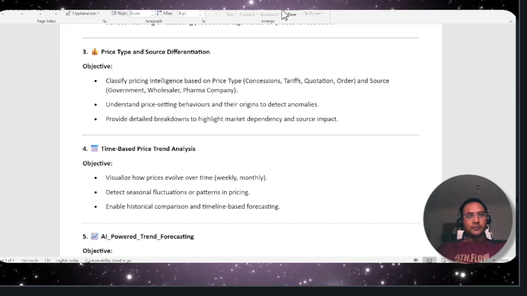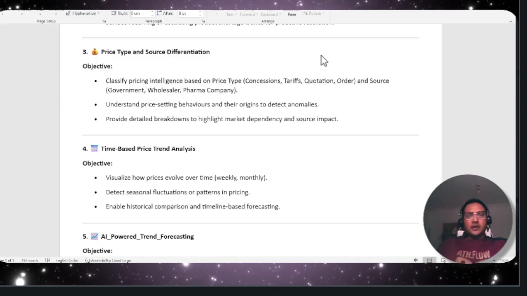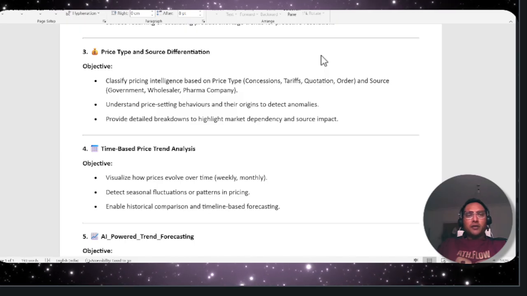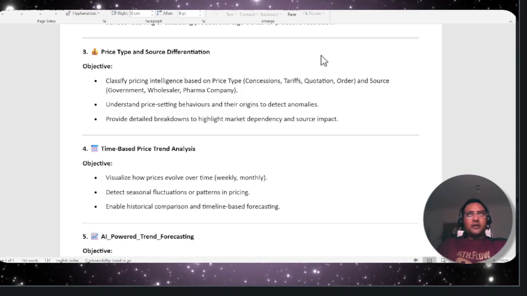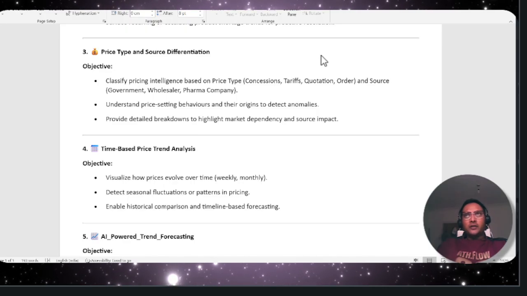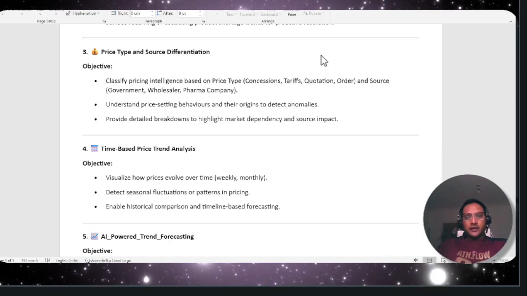Today we will discuss price type and source differentiation. In the pharma industry, there are different price types and also source types where the price varies across these bands.